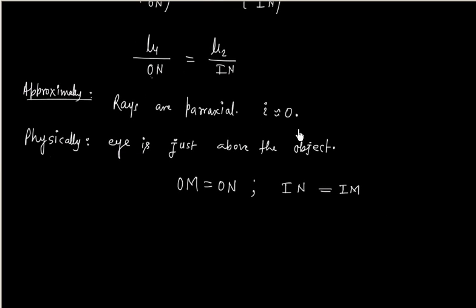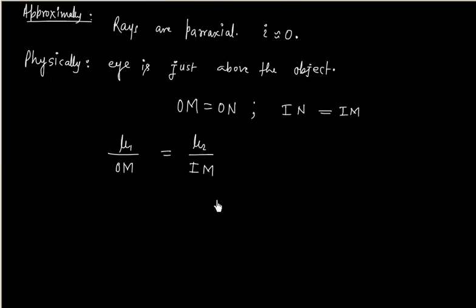So if I use this approximation here, we will have mu1 by ON, where ON is equal to OM, and IN is equal to IM. From here we can write IM is equal to mu2 by mu1 into OM.